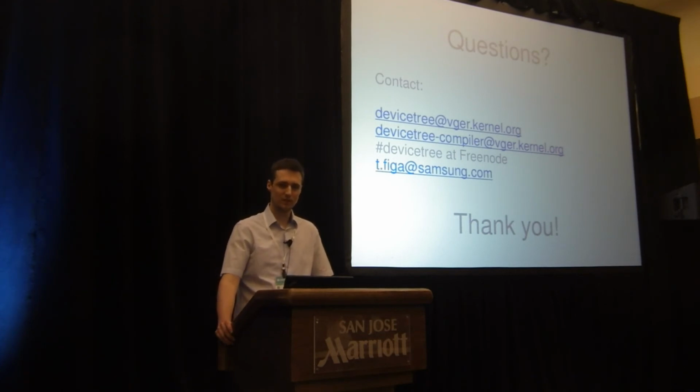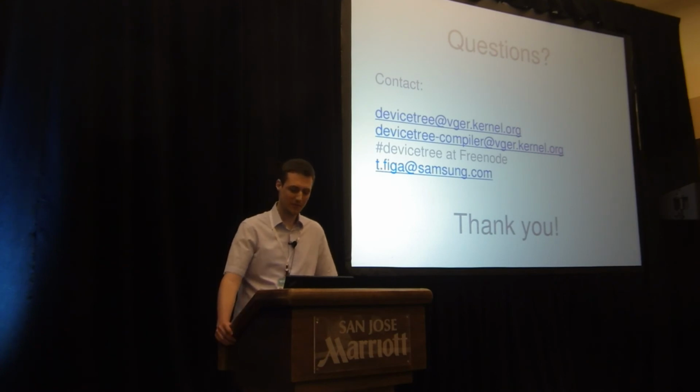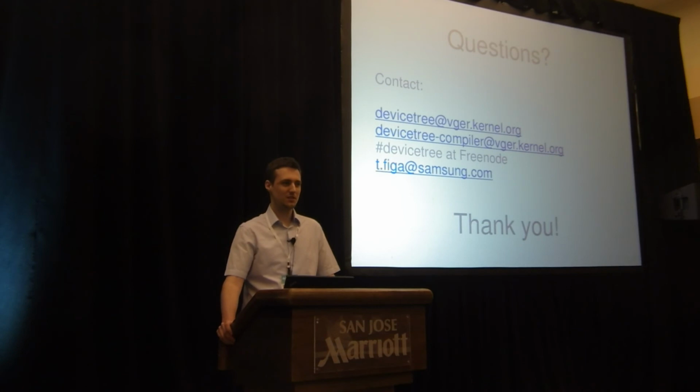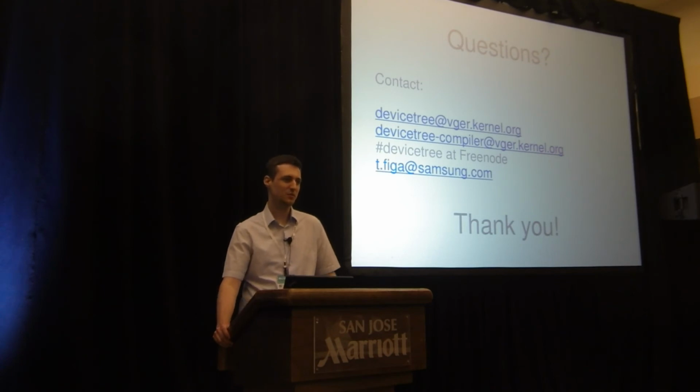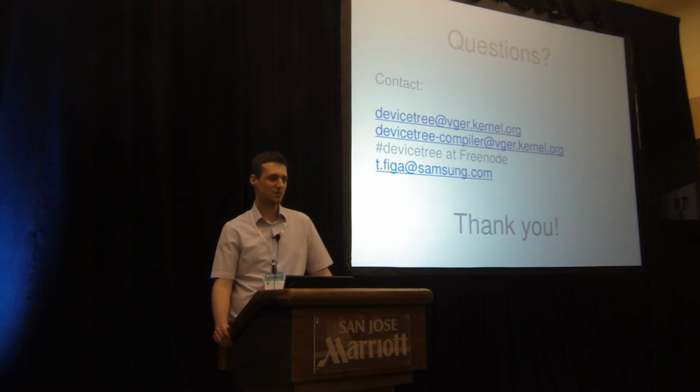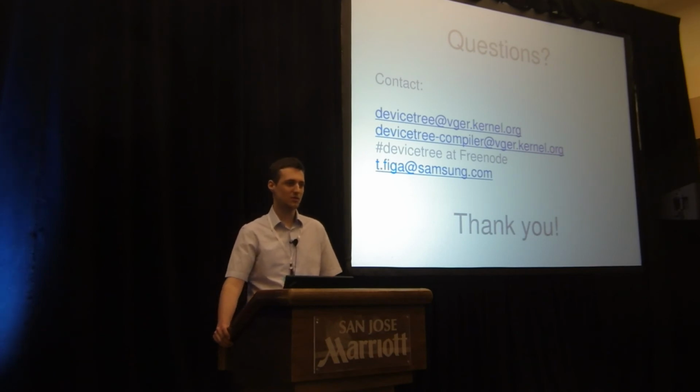The question was that the Dtc compiler, whenever encountering some simple syntax errors, gives quite cryptic messages without any reasonable explanation of the errors, and whether I know anyone working on this already.